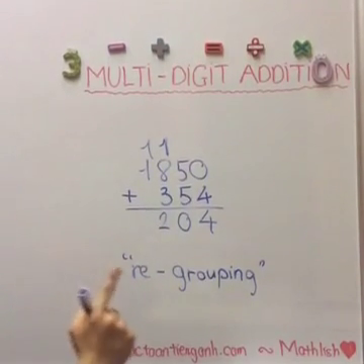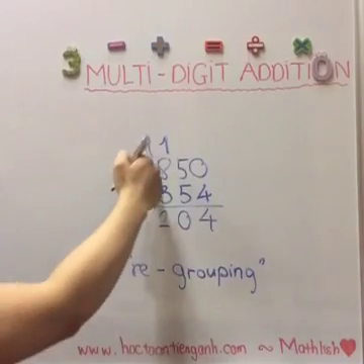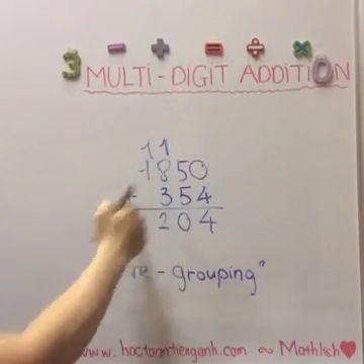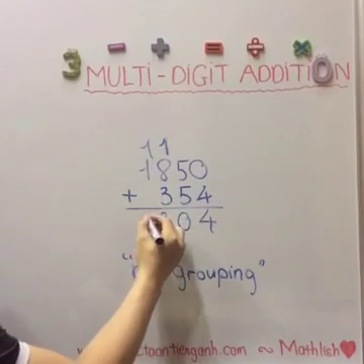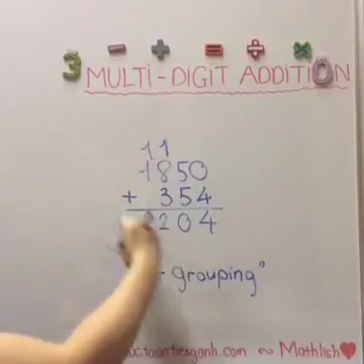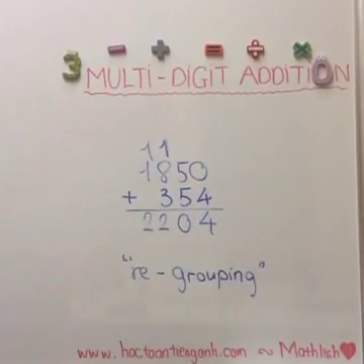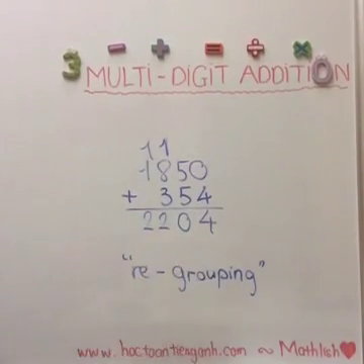Just one more column to add up now. In the thousands place, we have 1 plus 1 equals 2. Okay, we have added up all our columns. So the answer to our addition problem is 2,204.